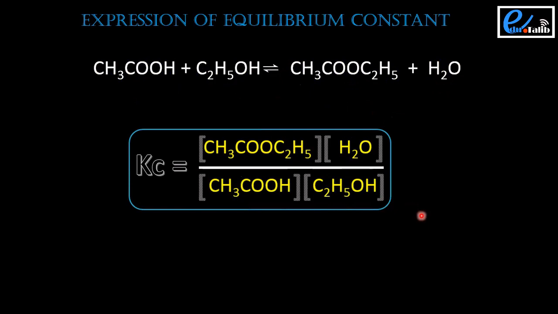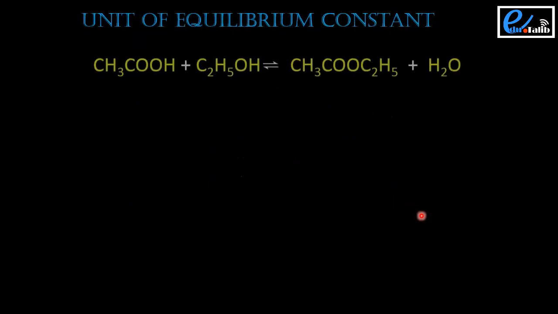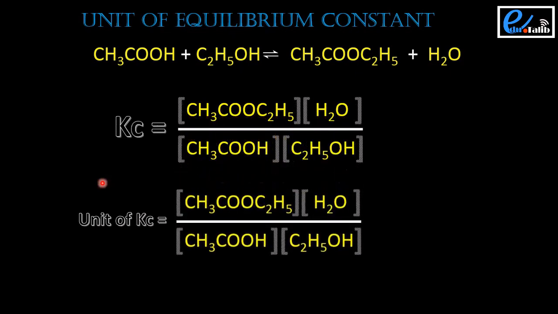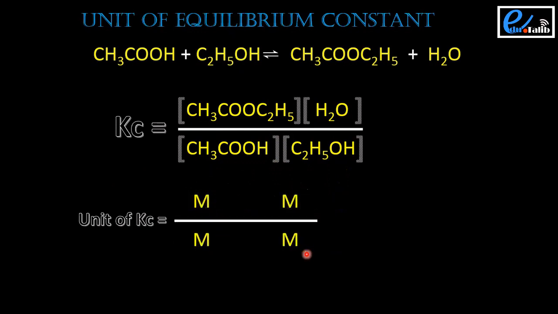Now for the same esterification reaction, we proceed to the unit of the Kc. Here we are, this is the Kc expression. We now have to work out the unit of the Kc. So we copy the same equation over here, and in place of the concentration of each product and reactant, we replace it by the unit, the capital M. So here we are.